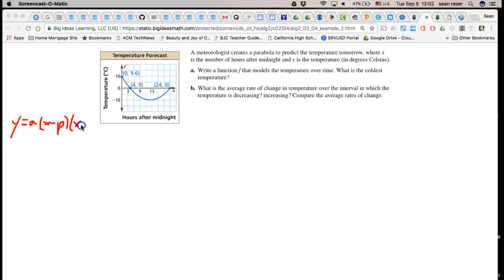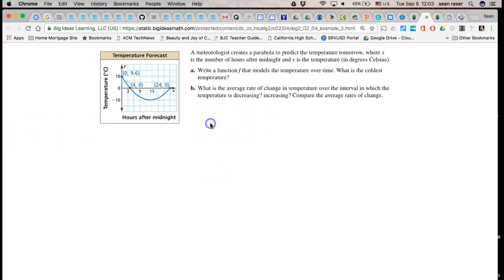Just like last problem, when you used the vertex and 1 point to find your a value to get your equation, you're going to do the same thing here. Although this time you're going to use your x-intercepts, which are p and q, so 4 and 24, and then you're going to plug in your point, 0 and 9.6 for x and y. And then we'll solve and get our a value to get our equation.